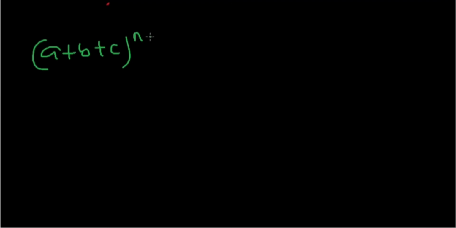Will you now say that you just add 1 to this and you get your number of terms? No. So the general formula you want to know whenever you are given something like this is n plus k minus 1 combination k minus 1.